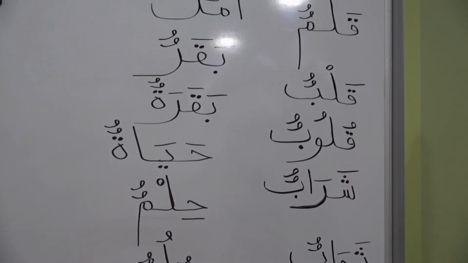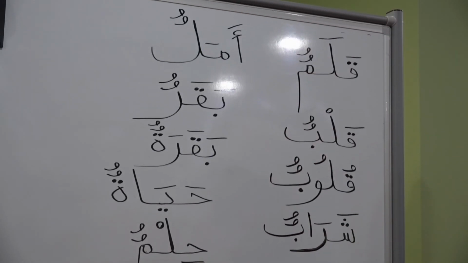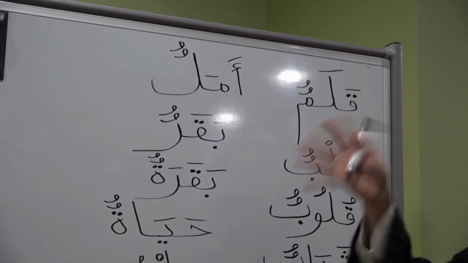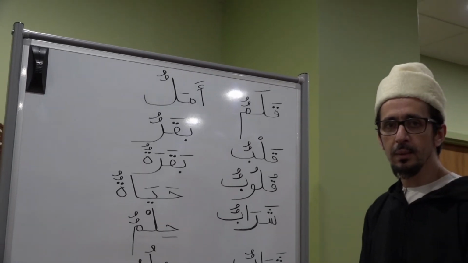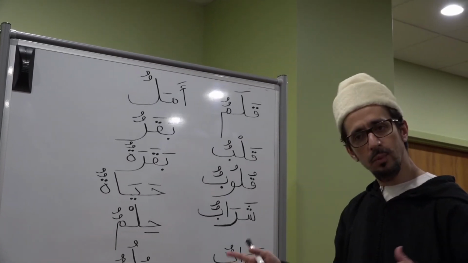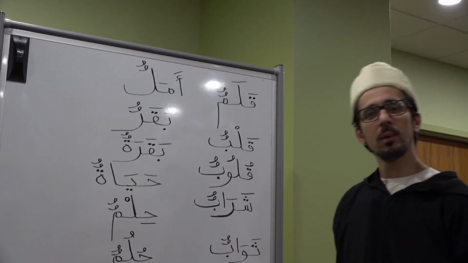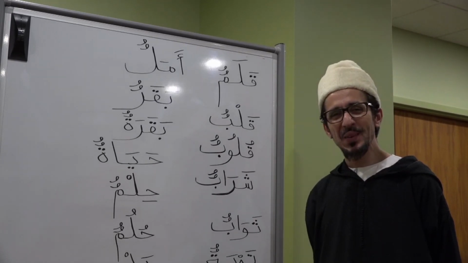I want you to organize them in two columns, lunar and solar. How are you going to organize them? I won't tell you how. So organize them. Okay? Bismillah.